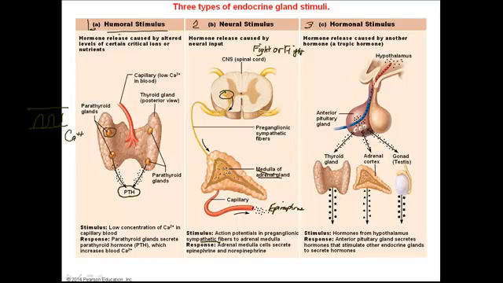Then we have hormonal stimulus, and this is where a hormone is stimulated by another hormone. So here's our hypothalamus, and the hypothalamus has a blood supply, okay? The blood supply to the hypothalamus has a lot of molecules in it.